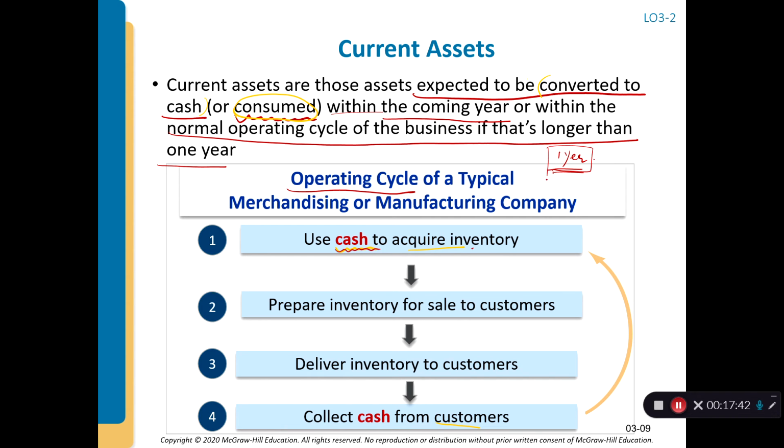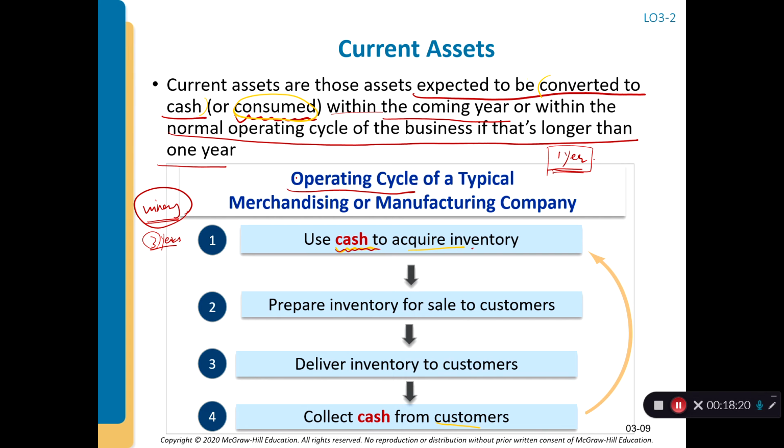But there is the possibility that it takes maybe 2 or 3 years for the outlay of cash to become an inflow of cash for certain companies. Let's say a winery, right? If you want to produce wine and sell wine, that may take 3 years. In this case, a lot of assets in this company will be judged based on 3 years instead of 1 year as to whether they are current assets.